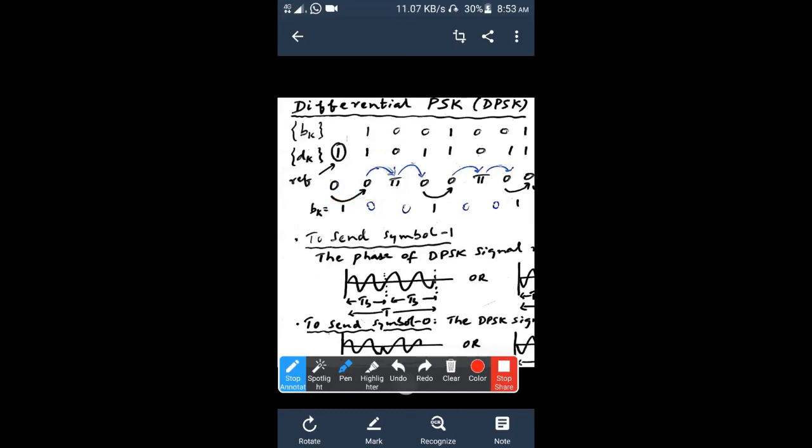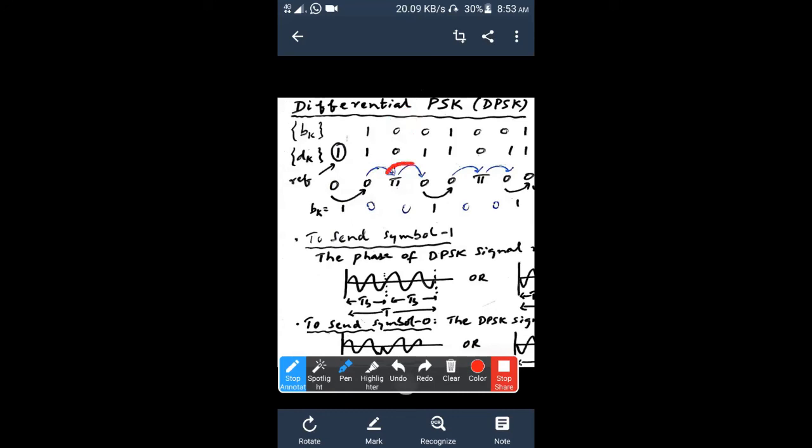Next, take the next two symbols. The first one is coming with 0 phase, and the next one is coming with a 180-degree phase shift. That time the information sent was 0. That means the phases are opposite: one is 0, another is pi. That time the information bit was 0.